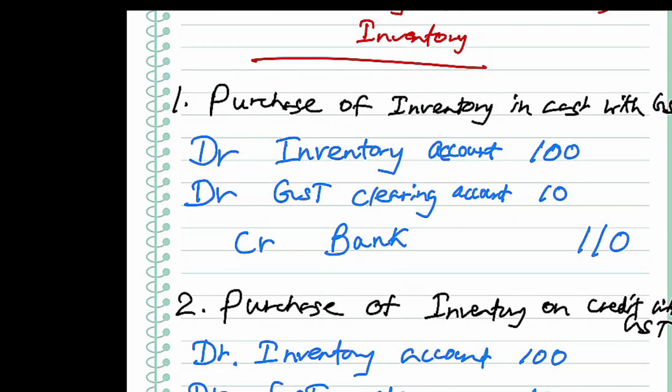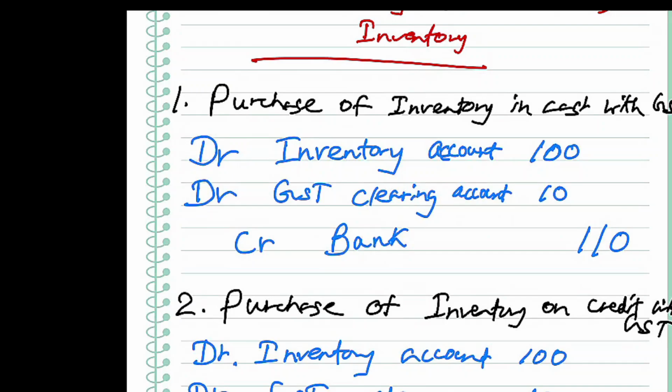Accounts payable, because you are purchasing it on credit. So what is the only difference compared with the previous one? Bank was replaced with accounts payable. Both double entries were the same.